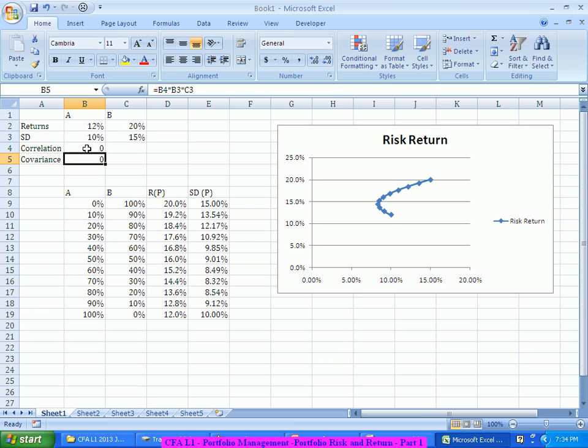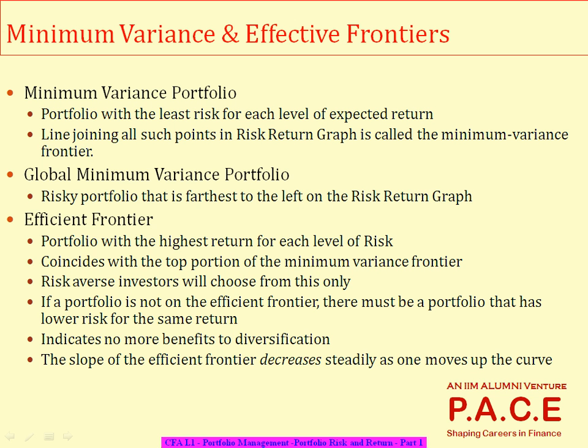And that particular portfolio, 70-30 investment between A and B, is what is called the global minimum variance portfolio. Because if I am looking at A and B, the minimum I can reduce the standard deviation to is 8.49%. I cannot make it 0. I can bring it to a minimum of 8.49%.